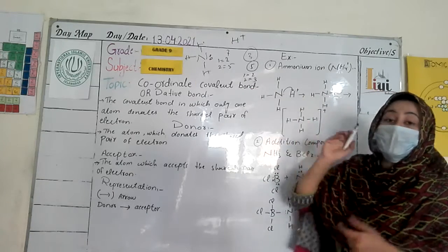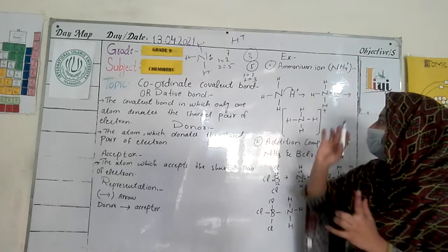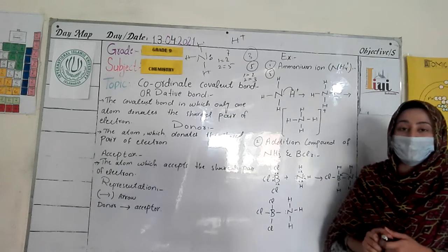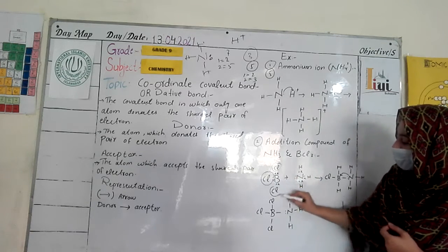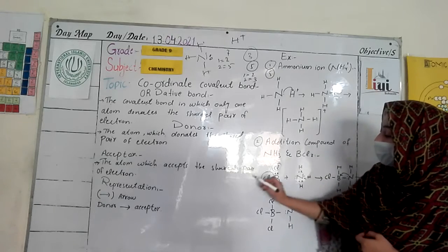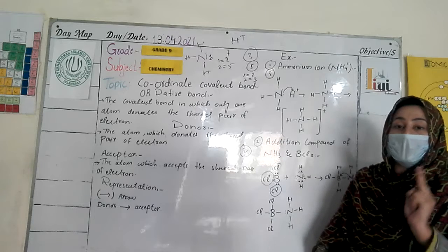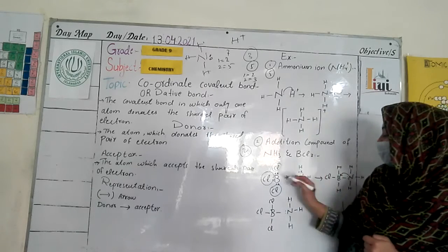So how many electrons are required for boron to complete its outermost shell? It requires 5 electrons. It already makes 3 bonds with chlorine atoms, and now it requires 2 more electrons to complete its outermost shell.